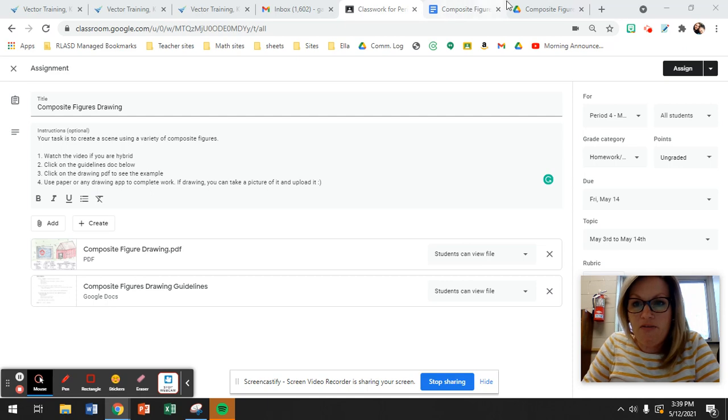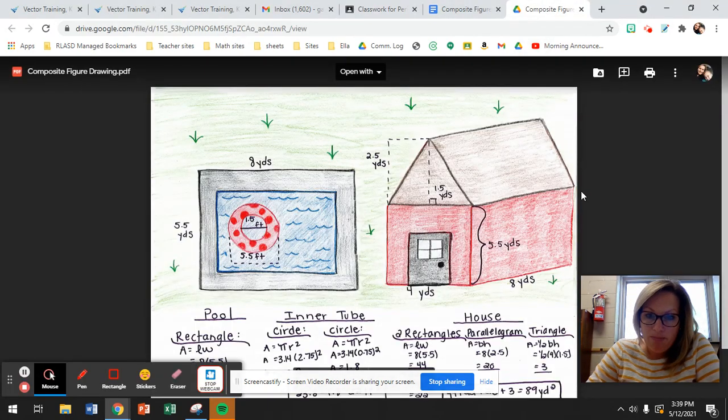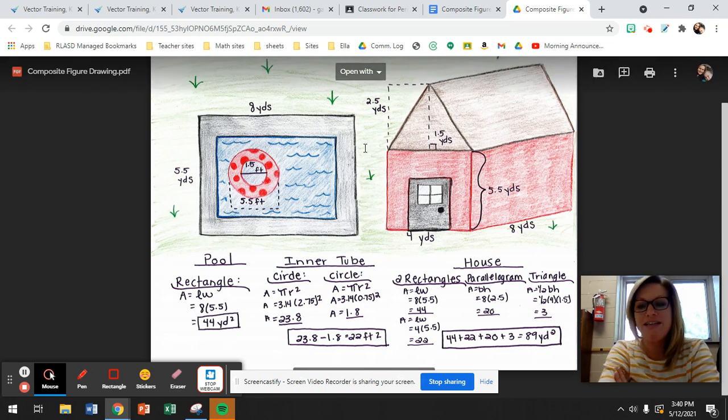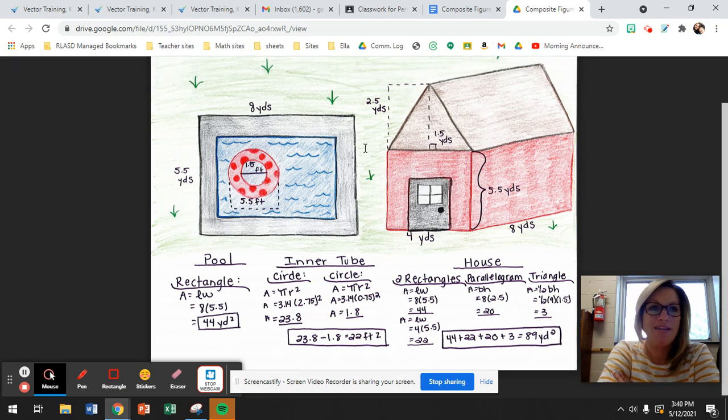So what is a composite figure drawing? I just used a ruler and created a little silly scene. You can make donuts in a little donut box, like the other math teacher did. You can make a car.